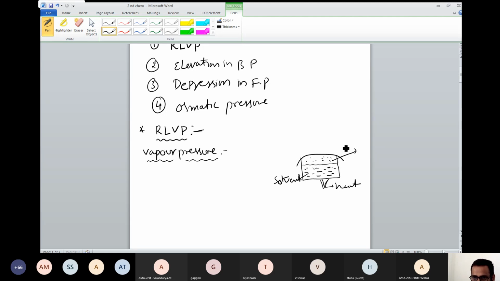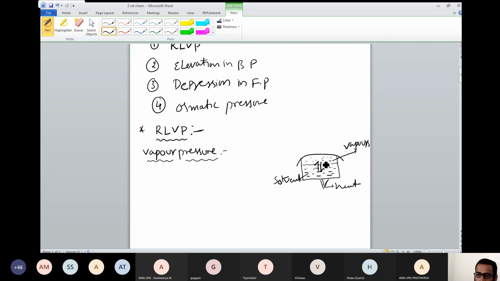These are vapors here. So the liquid converting to vapor is one process, and the reverse is another process.